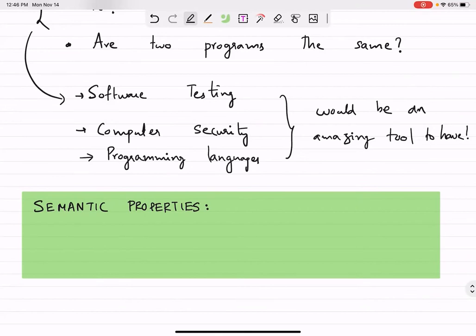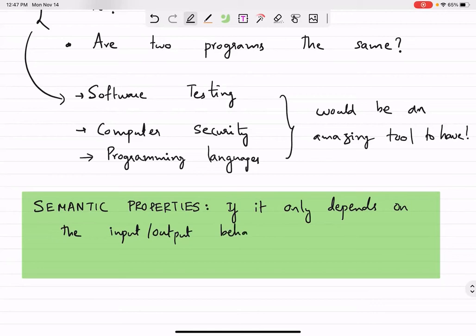We will say a property of a program, like whether the program does what you want it to, or is it equivalent to something else, or some other properties, is semantic if it only depends on the input-output behavior or functionality of the program.